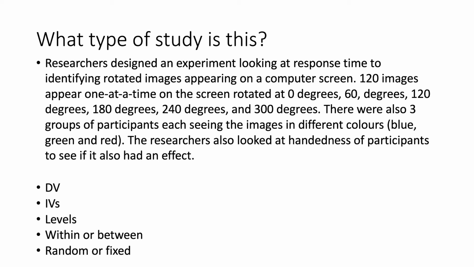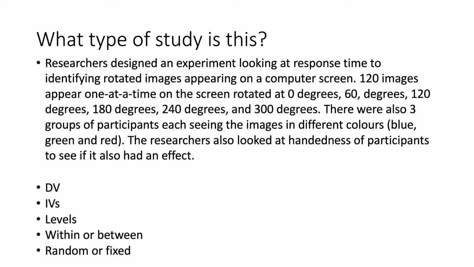In this example, researchers designed an experiment looking at response time to identifying rotated images appearing on a computer screen. 120 images appear on the screen one at a time, and they appear at different angles, either 0 degrees, 60 degrees, 120, 180, 240, and 300 degrees.